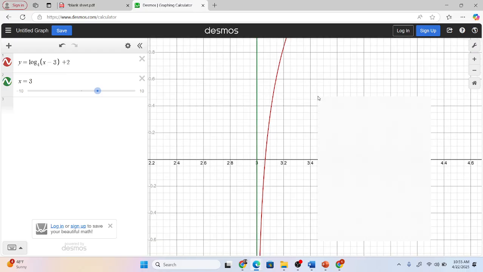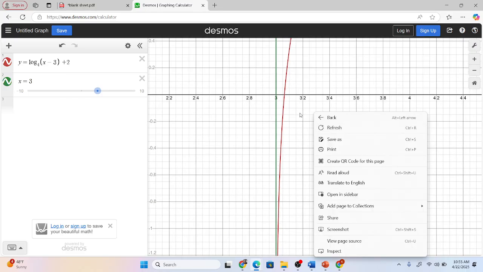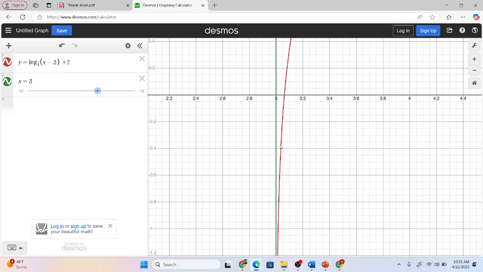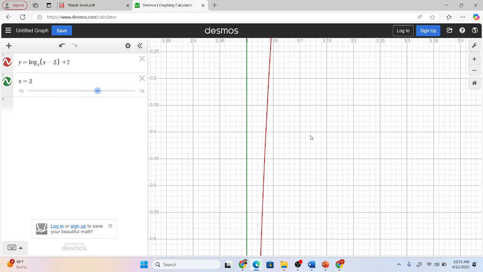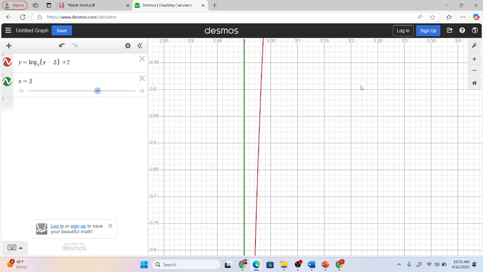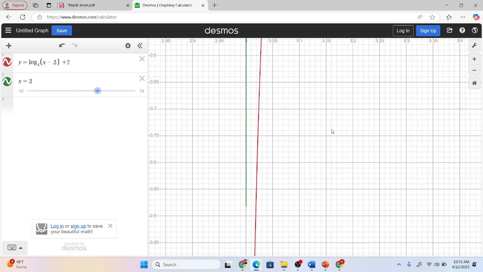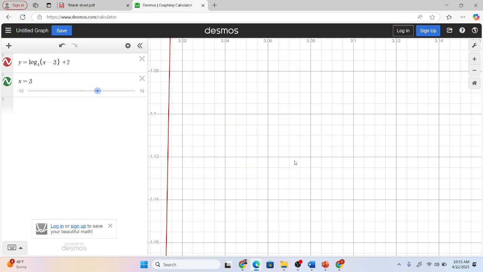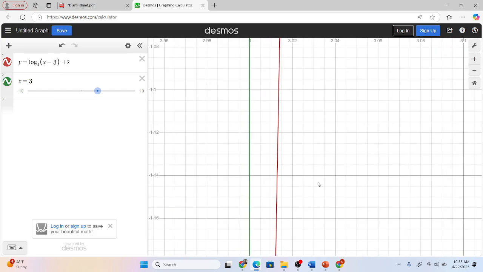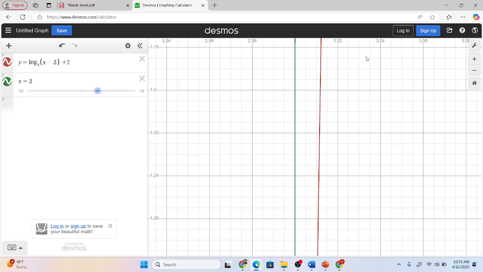So even though when we just looked at that graph, it looks like the red line and the green line overlap because it's so small to us, if I zoom in, I can see that those lines never touch. If I just keep magnifying it, they never touch. And that's what an asymptote line is.